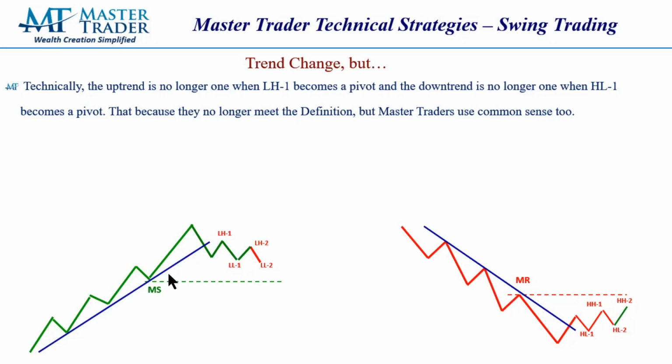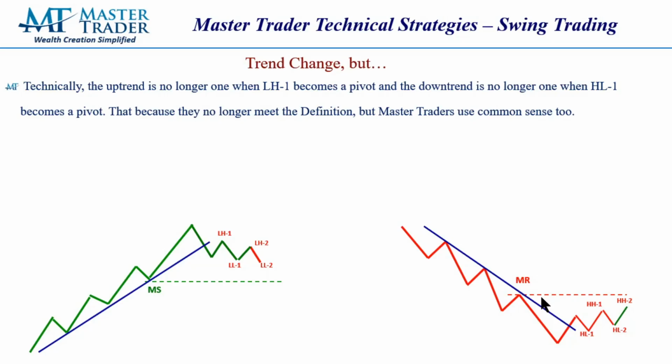However, it has not violated major support yet. And the same with the way this is drawn here. We have major resistance, and we have higher highs and higher lows, which would be defined as an uptrend, but it hasn't traded above major resistance yet.